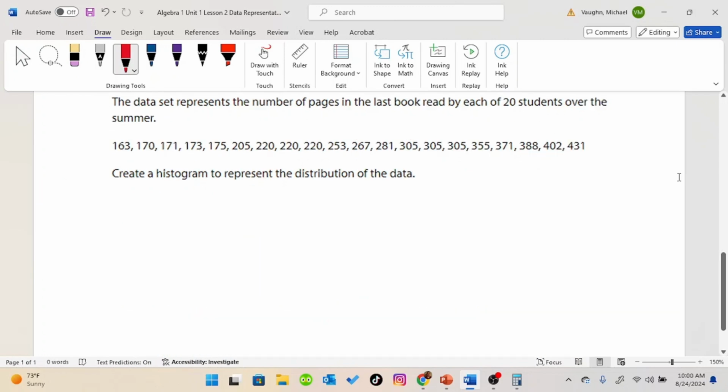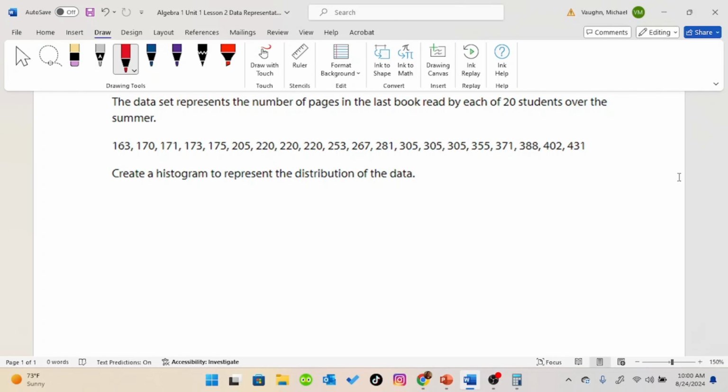The final practice problem says the data set represents the number of pages in the last book read by each of 20 students over the summer. They give us the number of pages, and they ask us to create a histogram to represent the distribution of the data.